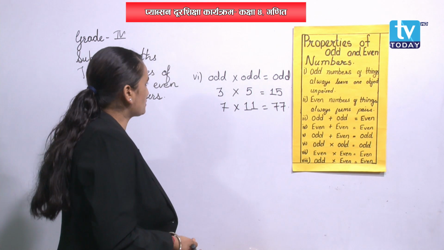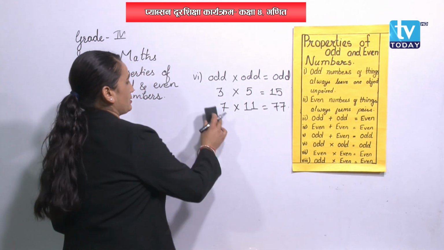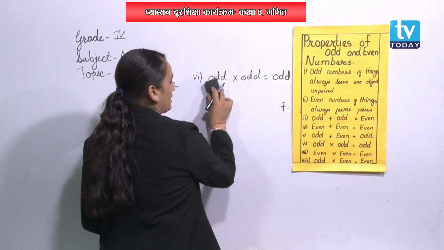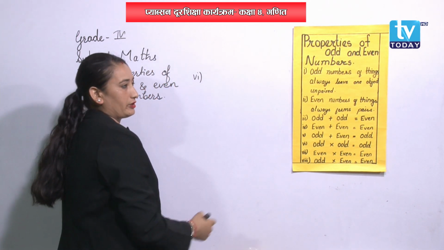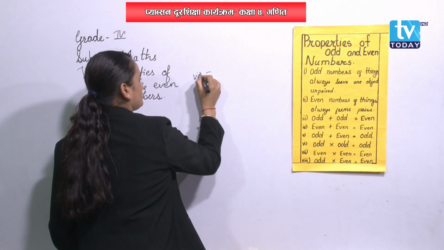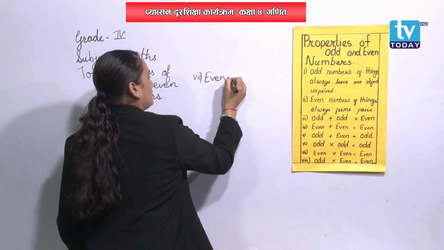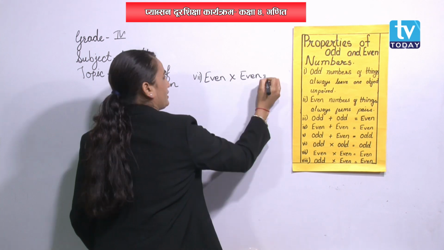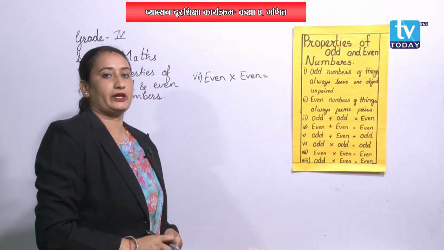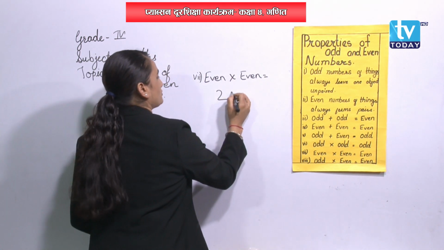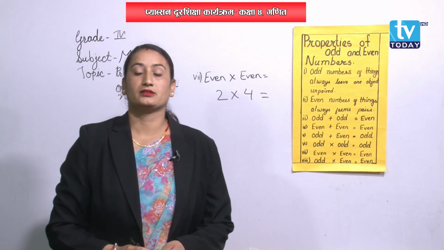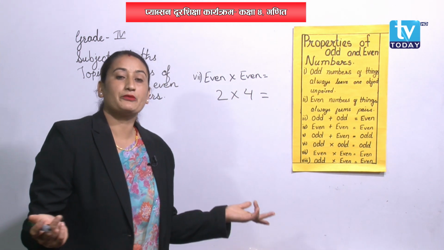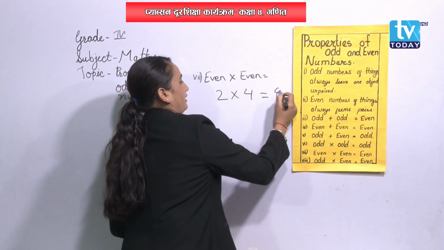Now, let's go to the next property. That is, if we multiply even and even, then what will we get, odd or even? Let's check it out. Even multiplied by even. 2 into 4, 2 times 4 is, what will be the answer? 8.